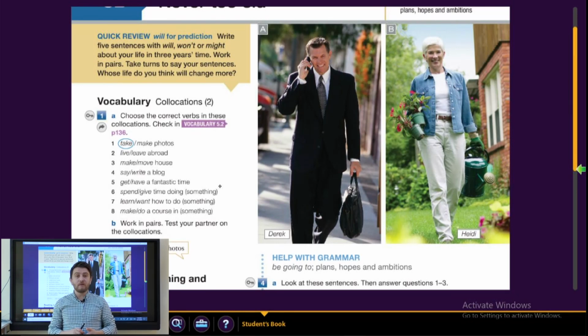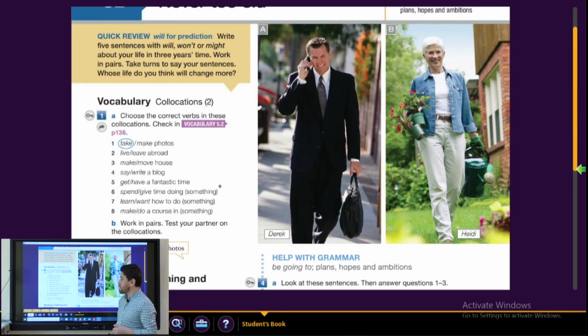Maybe they talk about their work experience, maybe their travel experience, and plus on the blog people also give their advice to others. So you write a blog, maybe you write a story, maybe you write a letter to someone, maybe you write to a company, or you write an email.